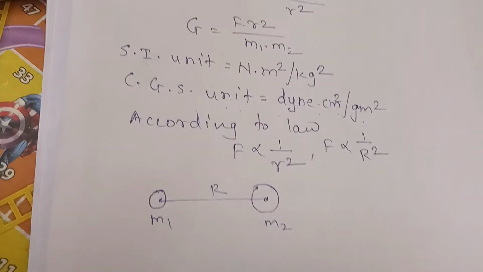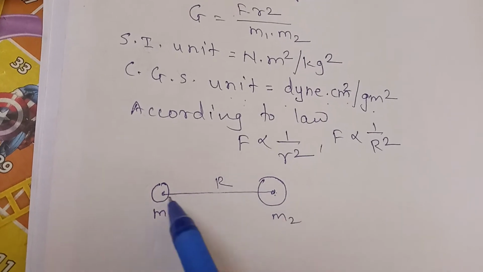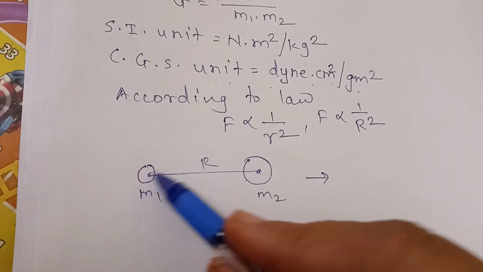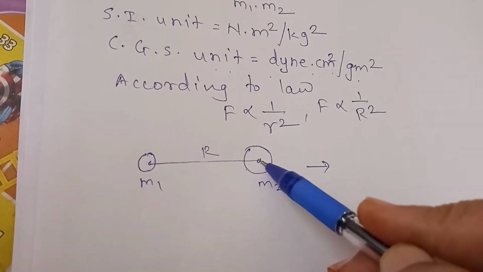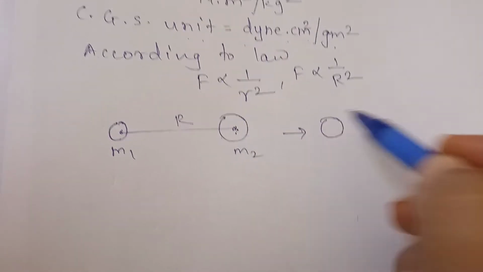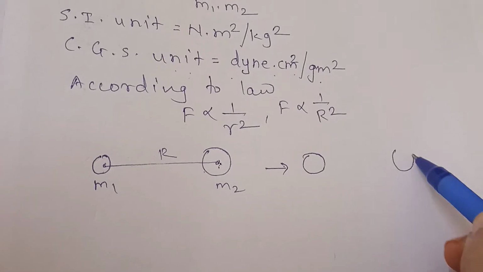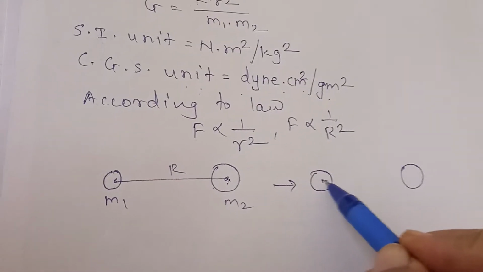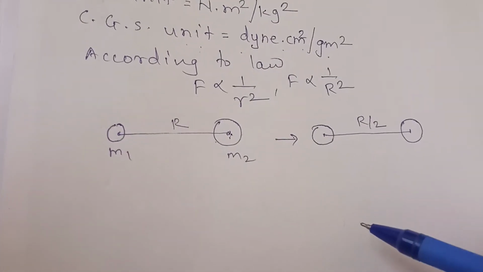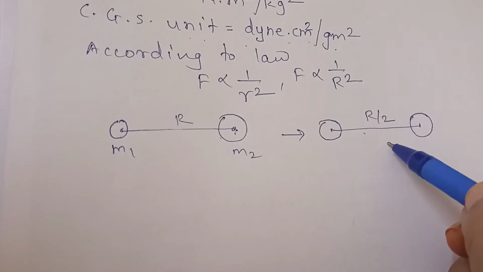If we halve the distance between the two bodies, this is the distance r, and if we take half the distance, the masses remain the same. The distance between their centers is now r upon 2. Now what will be the force of attraction?